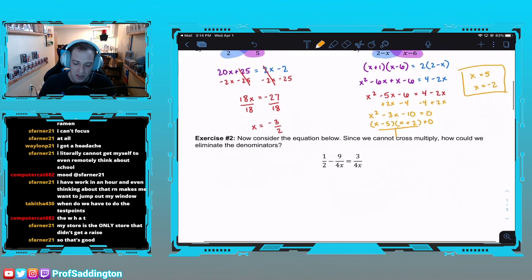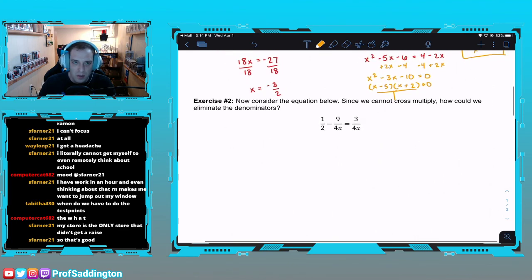So I'm just going to finish up on this last one, and then, like I said, we'll do the second page tomorrow. If you guys look at exercise number 2, we can't simply cross multiply because you have 2 fractions on the left side. So what we're going to do is we're going to solve it like we did yesterday and the day before. Since we can't cross multiply, I said, how could we eliminate the denominators?